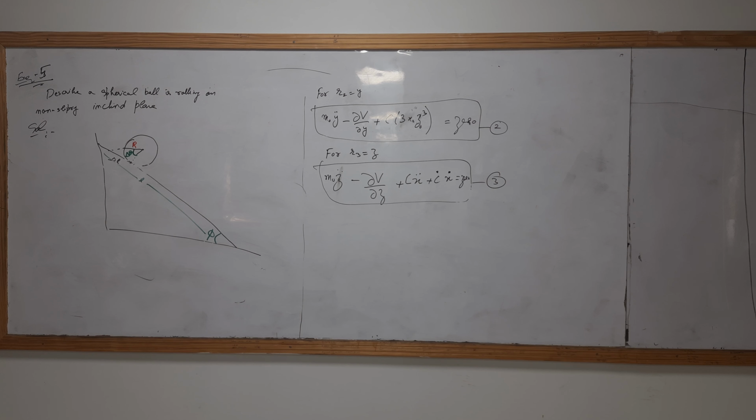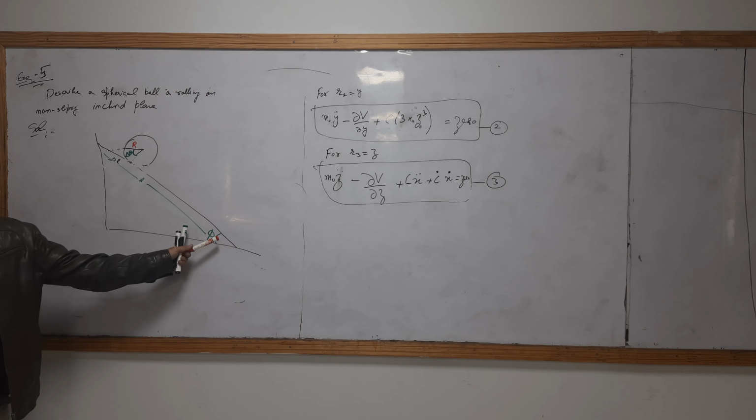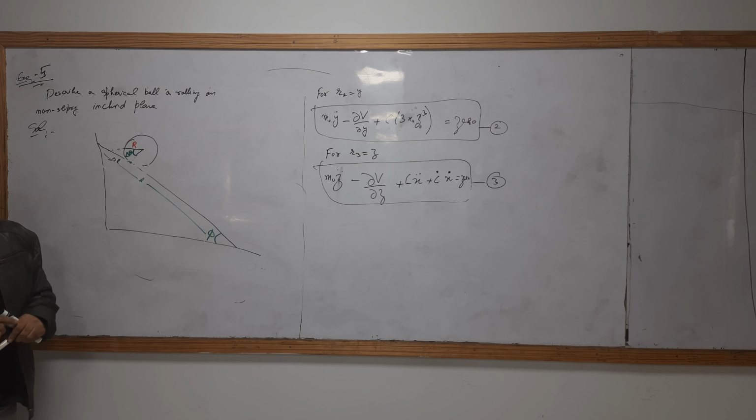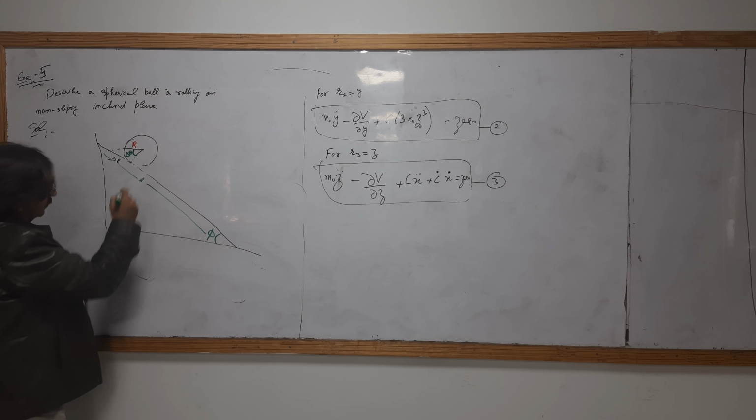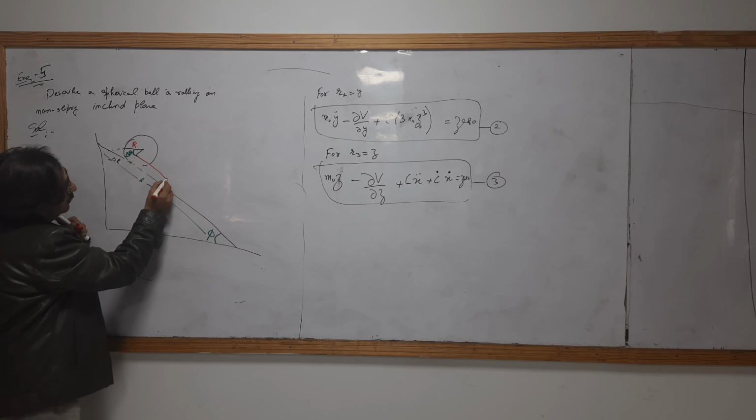If it has covered the distance delta L, the remaining distance will be L minus delta L.